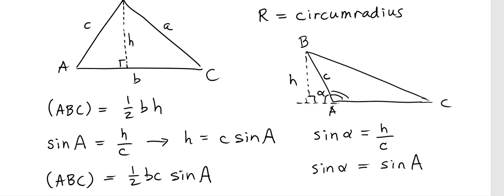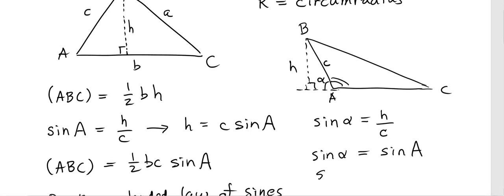For example, 60 degrees and 120 degrees both have a sine of square root of 3 over 2. So that means that the sine of A is h over c in this case as well, just like we see over here on the left when A was acute.